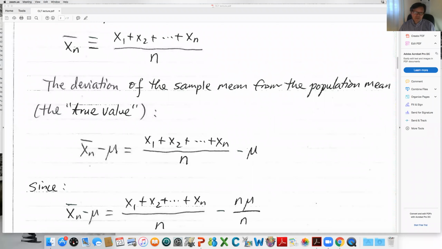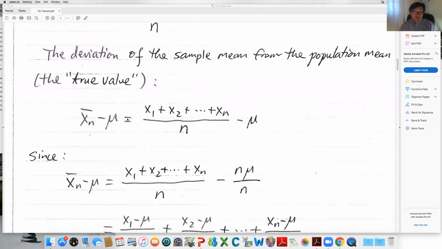Sometimes you absolutely cannot get this mu value because the population is not 50,000, it can be 5 billion, okay? Then you absolutely cannot take a measurement of a whole billion people, okay? So in that case, it becomes an absolute necessity to use statistics to get a good measurement of mu, okay?